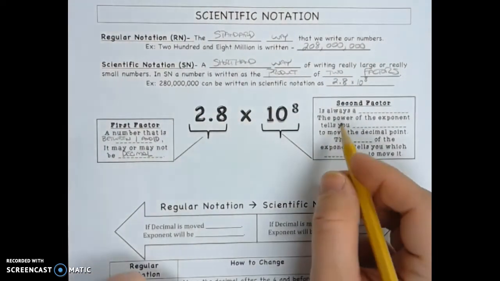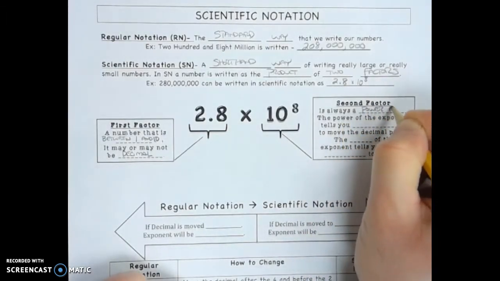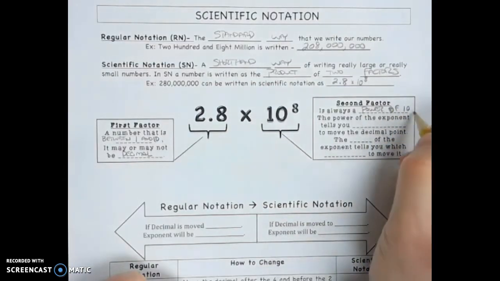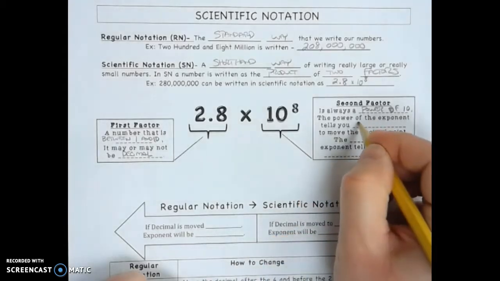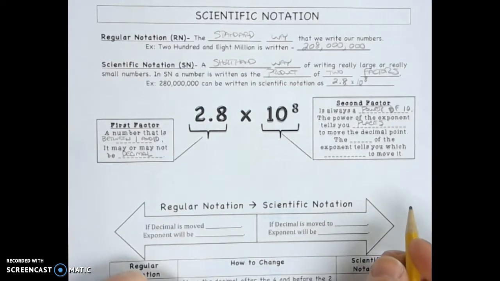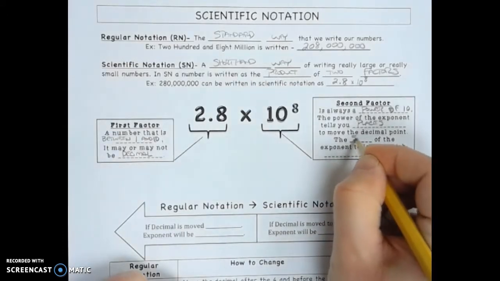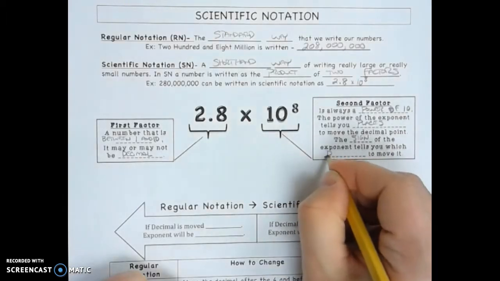The second factor is always a power of 10. The exponent tells you how many places to move the decimal point.